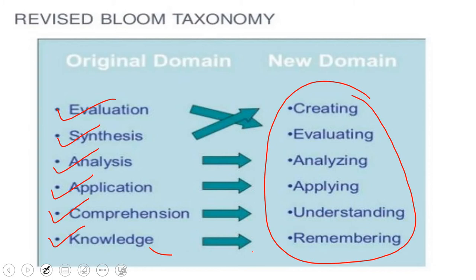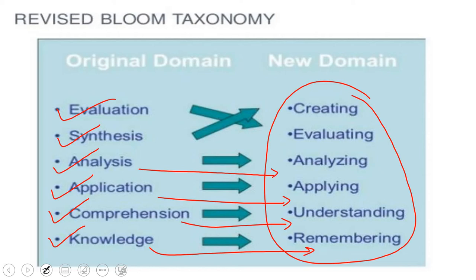For example, knowledge is related to remembering, comprehension to better understanding. Once you comprehend, it means you have understanding, and application is of course applying, then analysis is analyzing, and synthesis and evaluation, and then they changed this particular level of cognition.